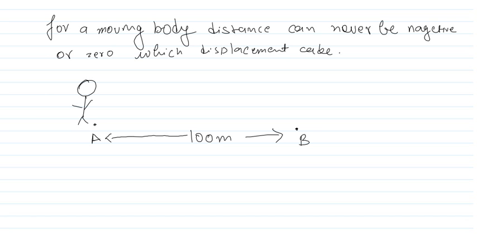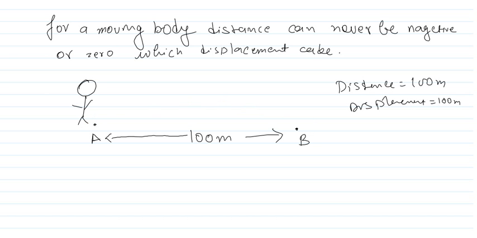So he moved from A to B. For this particular case, the distance is 100 meter, and displacement is also 100 meter. Let's say after reaching point B, he decided to move back to its initial point.